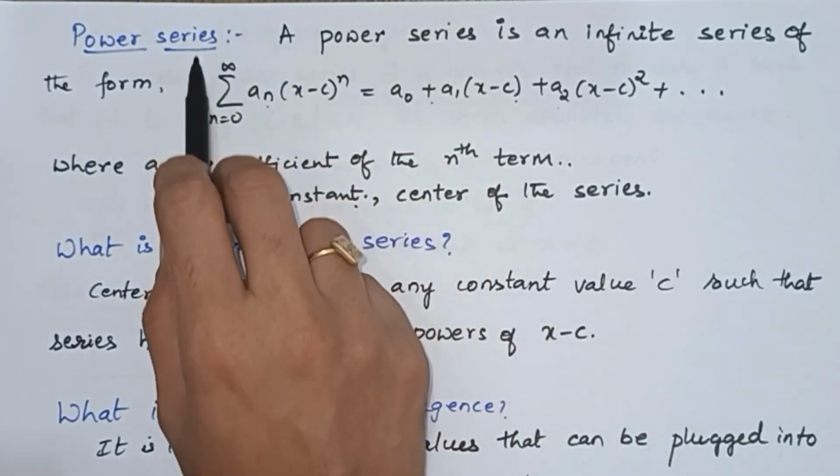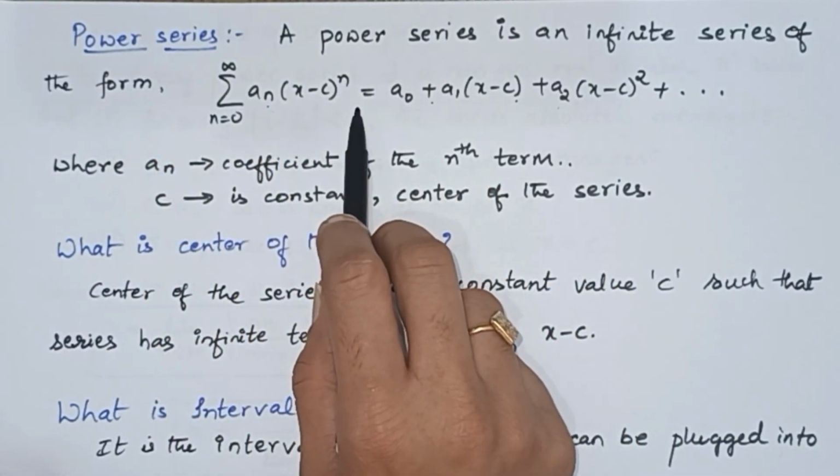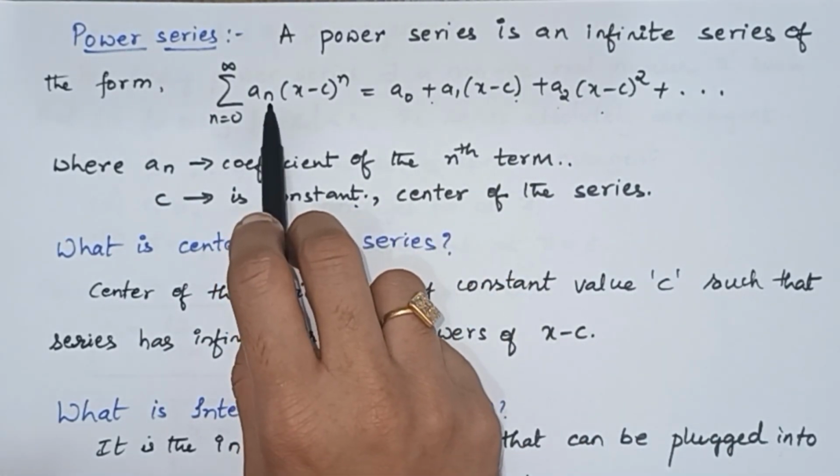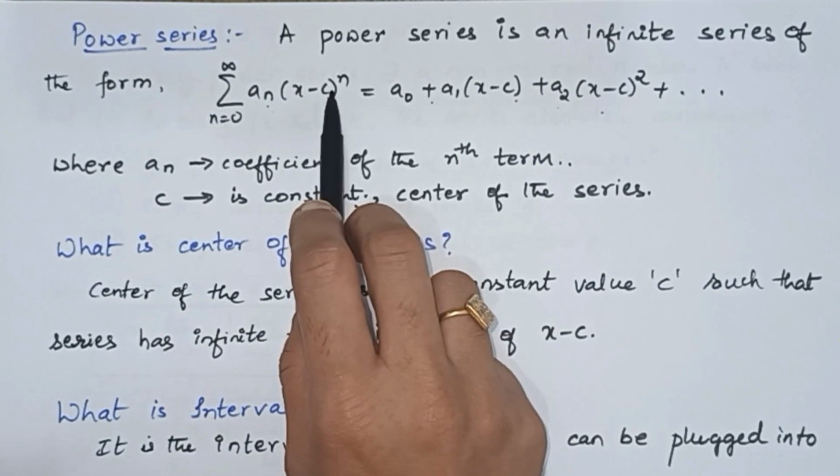So you have to remember the standard form of a power series. It's an infinite series, a_n are the coefficients, and c is the center of the series.